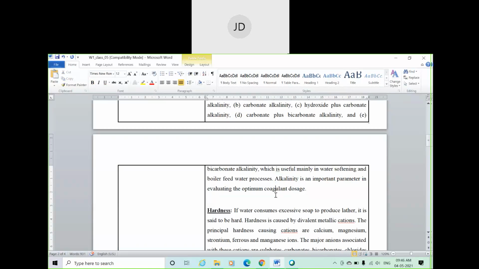And what is the property or significance of the coagulant? It makes a paste, or you can say it has a kind of binding property.